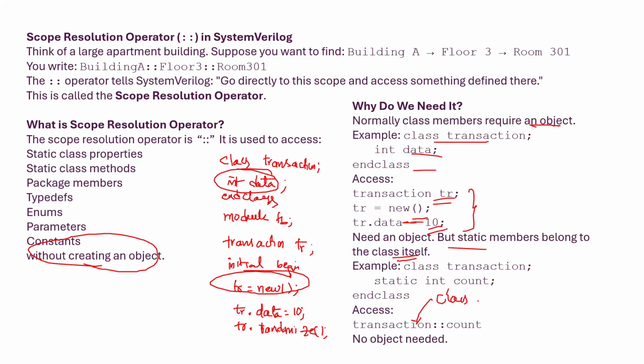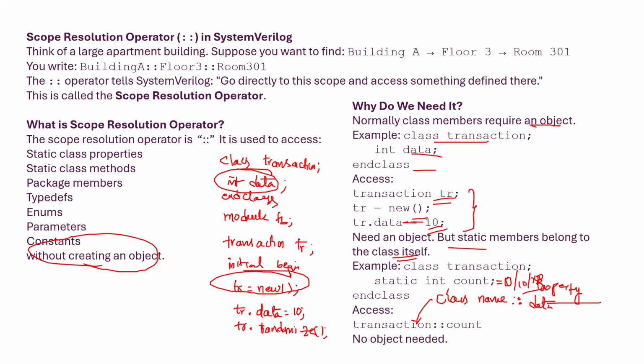Okay, so class name and then scope resolution operator and then data type or property, you need to mention that. In this way we will call that. Here you are assigning some static count equal to some 0 or 10 or 100, whatever it may be.